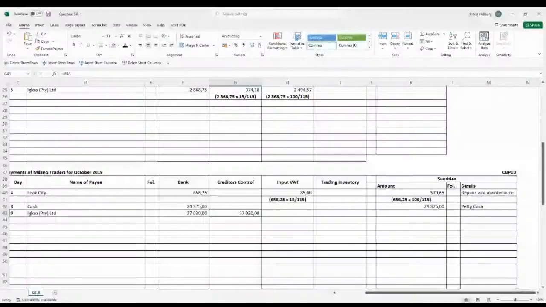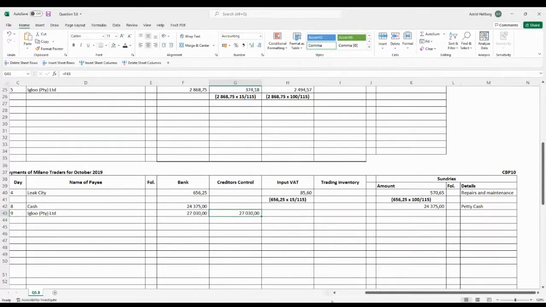I'm just going to share the Excel file again. Okay, so the first one was on the 11th, Maxi Suppliers. We purchased trading inventory for cash.